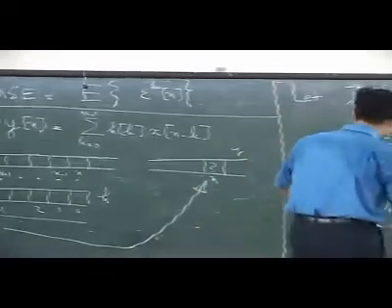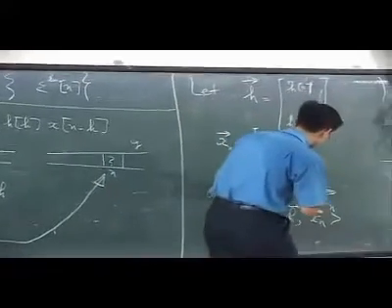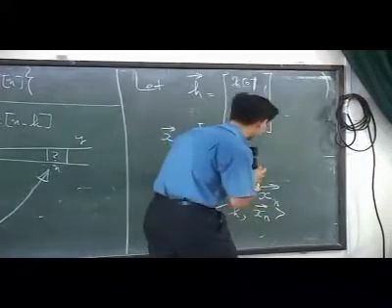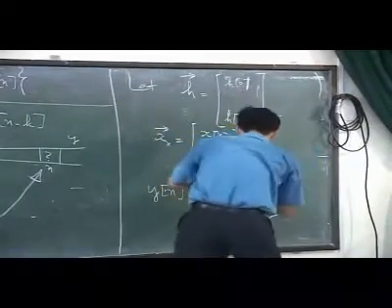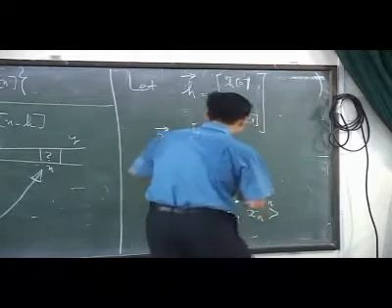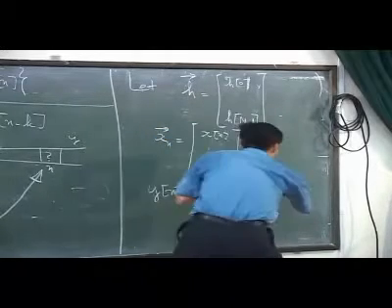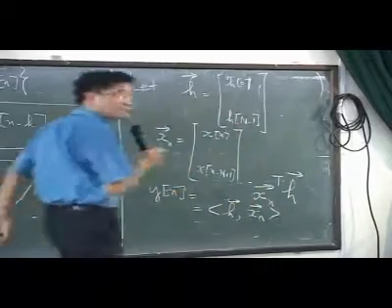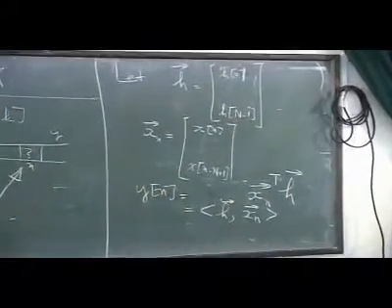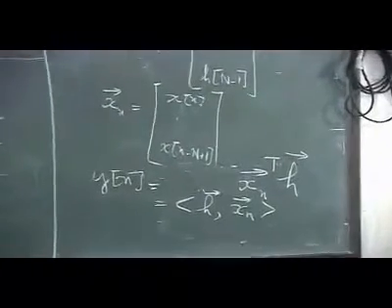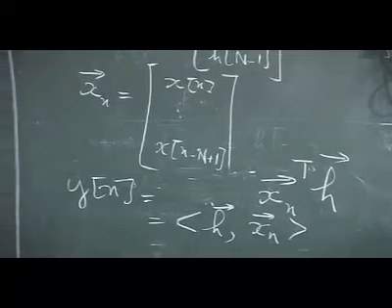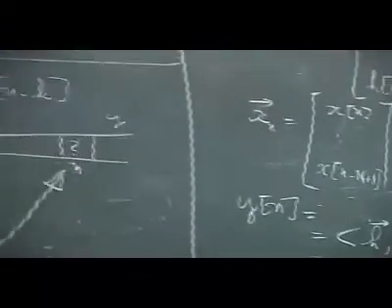So I take this, I take x transpose times h. The same, right? I just take x transpose of n times h.